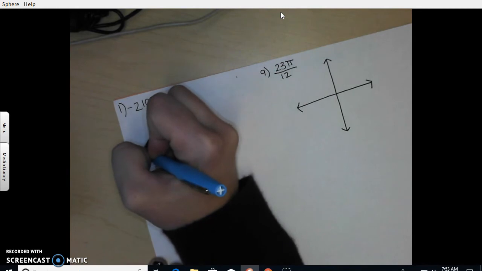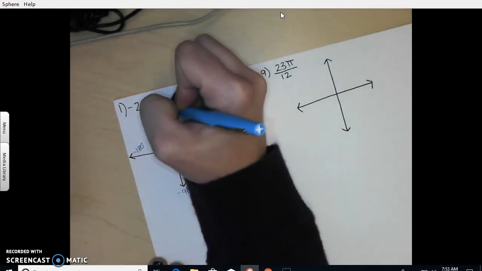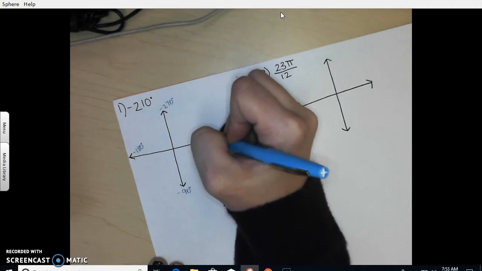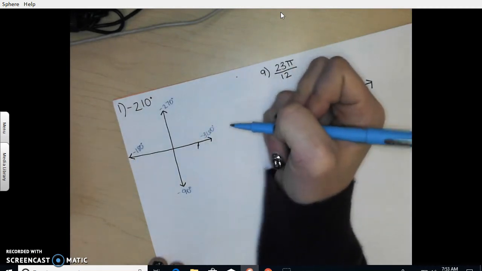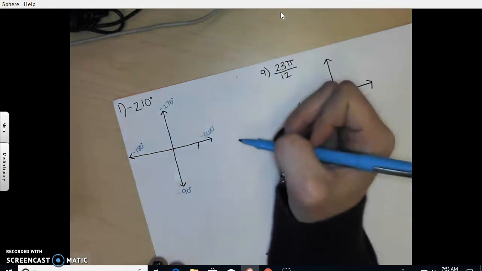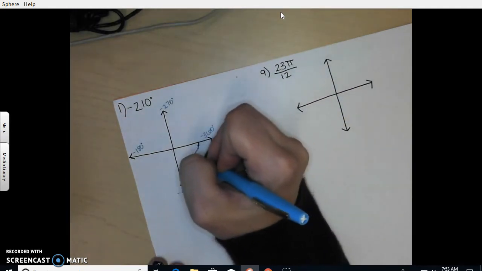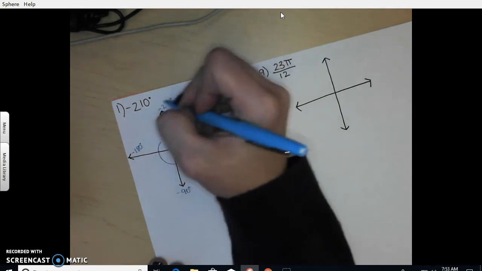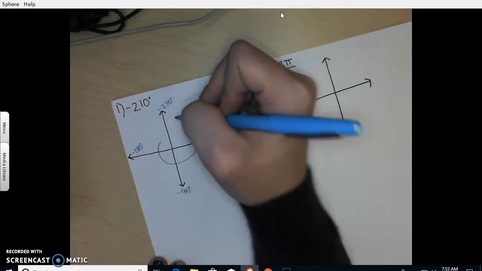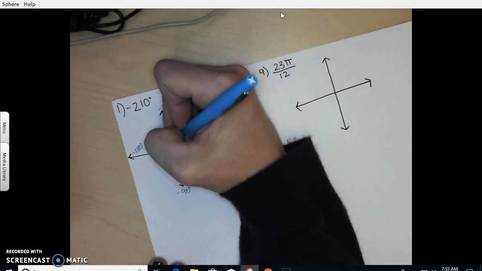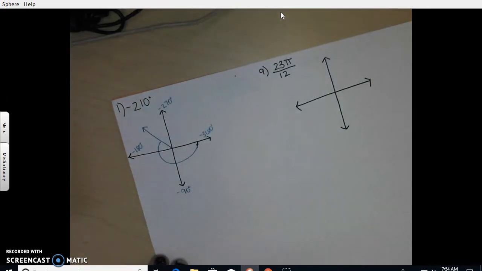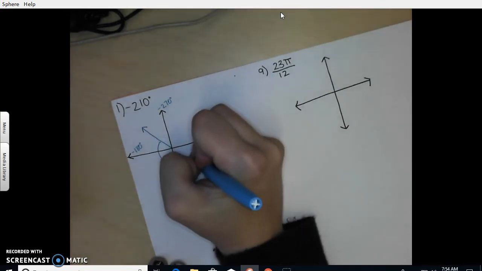And then negative 180 degrees, then negative 270 degrees, and negative 360 degrees. So now I have to see where negative 210 fits into this. And that's a little bit after 180, but not yet to negative 270. And now I graphed negative 210 degrees.